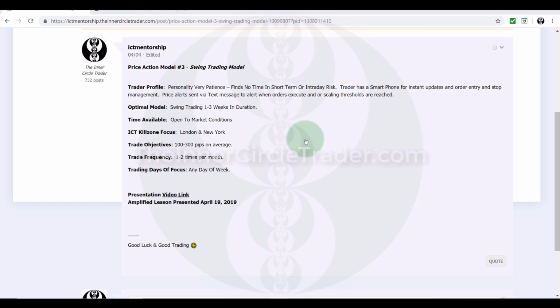bullishness or bearishness. Now, because that monthly candle is comprised of generally 4 weeks, if we capture 1 week out of that month with a swing trade, we're successful. And it does not matter if that monthly candle closes near the high or bullishly.